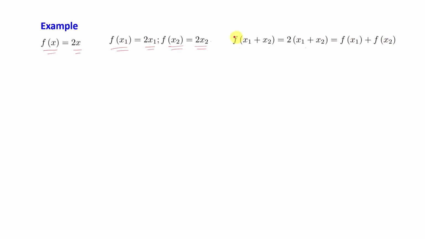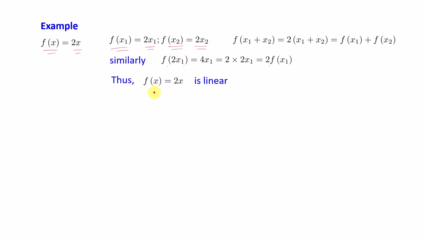So this obeys the first principle of linearity. Similarly, f of 2x1 is 4x1, which is 2 multiplied by 2x1, and 2x1 is f of x1, which means f of 2x1 is equal to 2 multiplied by f of x1. So overall, f of x equals 2x is a linear machine.